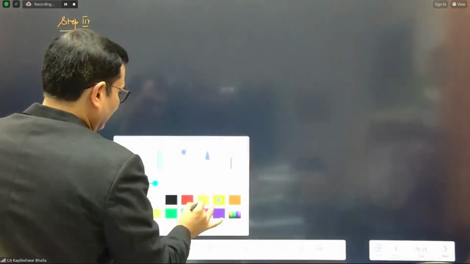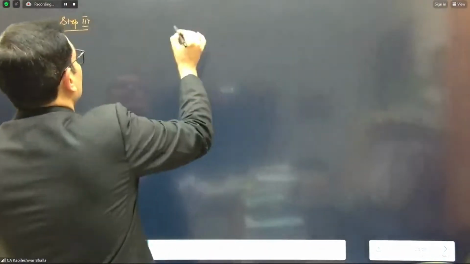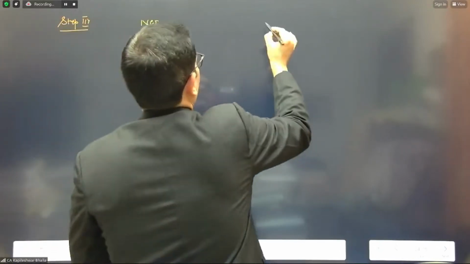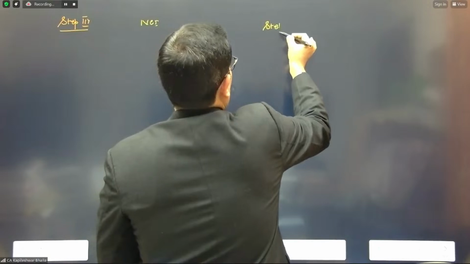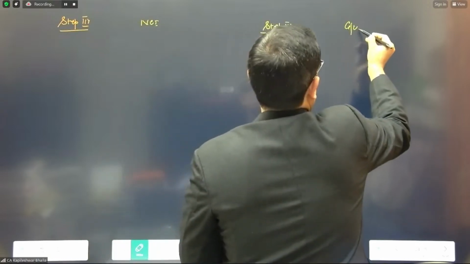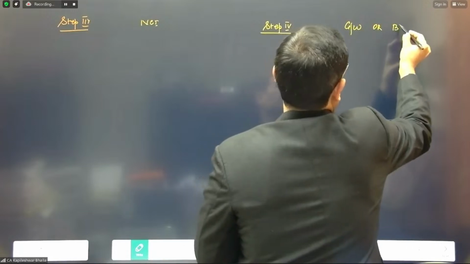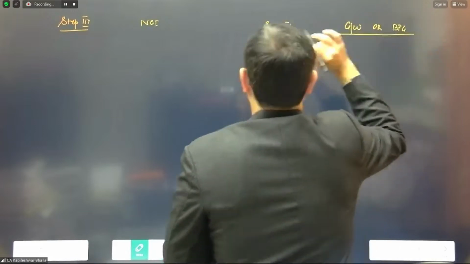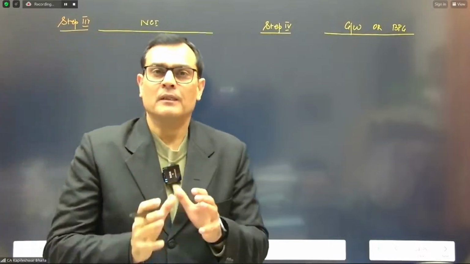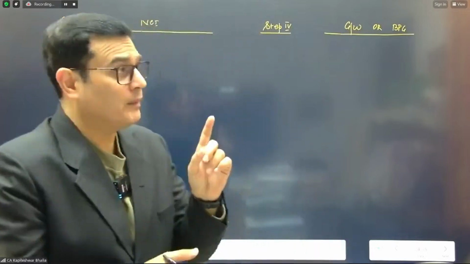So step number 3 is on the calculation of NCI. So I'm looking at the calculations of the NCI on one hand, and I'm also going to look at step number 4 simultaneously, and that is goodwill or a bargain purchase gain. Now be very careful as I do the calculations of NCI and goodwill, because I think the second key agenda you're going to confront in a chain holding is this particular part.